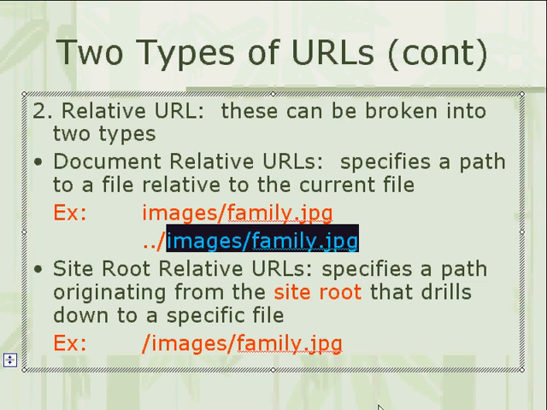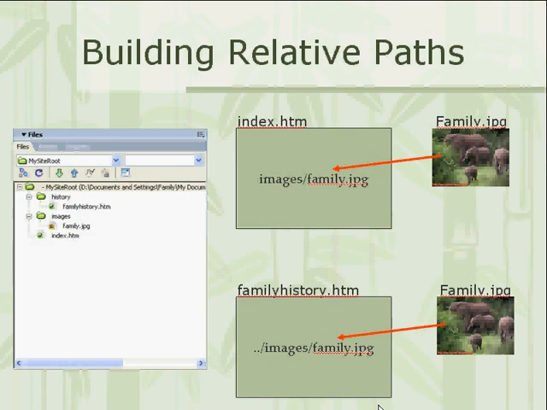Alright, so these won't make a lot of sense until we get in and start coding, but those are the two types, absolute and relative. And these are just a couple of examples of document relative paths.